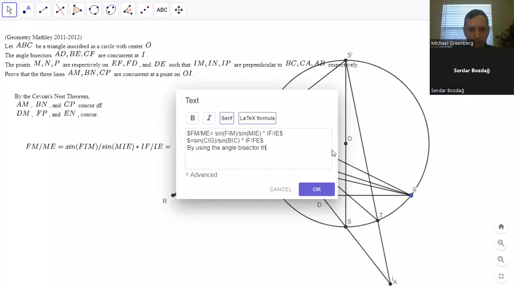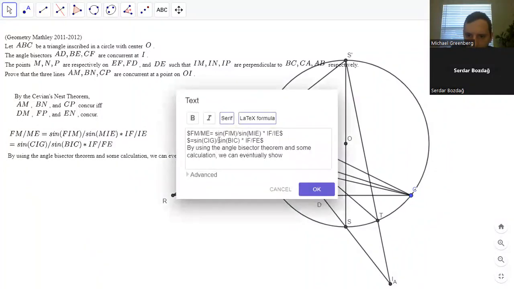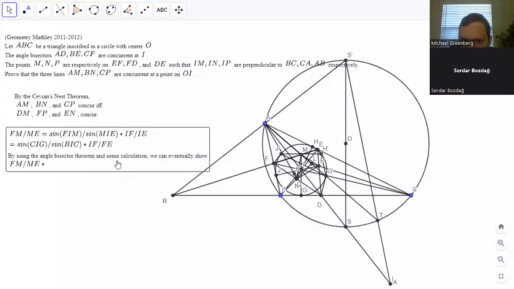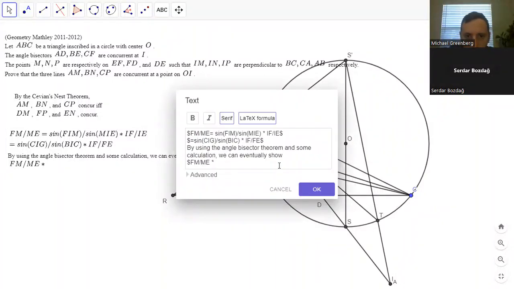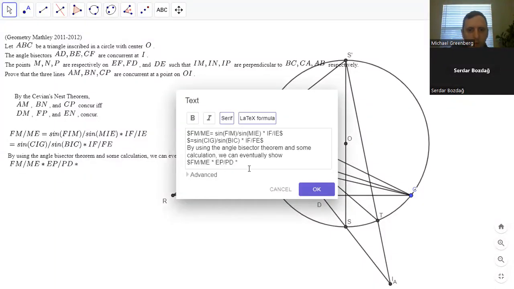By the angle bisector theorem and some calculation, we can eventually show FM over ME, times EP over PD, times DN over NF equals 1.